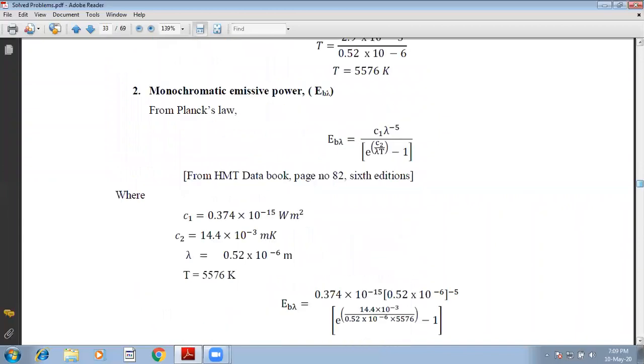Now, if you need to calculate the monochromatic emissive power, which is given by Planck's law, in the heat transfer data handbook you have this equation: E suffix b lambda equals C1 lambda to the power minus 5 divided by e to the power C2 upon lambda T, minus 1.